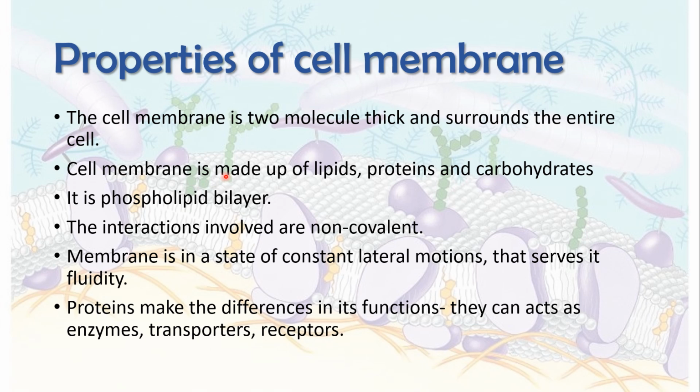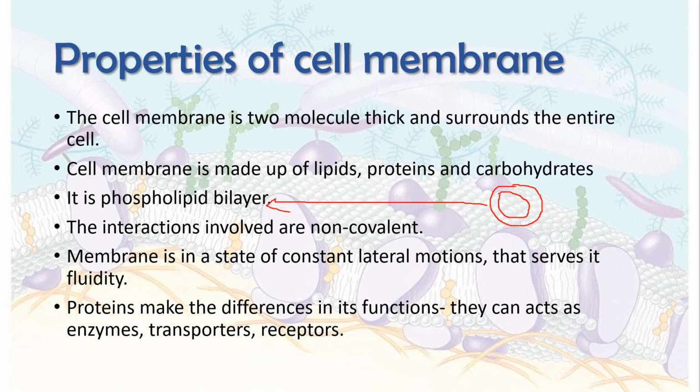The cell membrane is made up of lipids, proteins and carbohydrates. It is made up of 2 layers of phospholipids, the inner layer facing towards the cytosol and the outer layer facing toward the extracellular fluid. Okay, that's why it is known as the phospholipid bilayer.